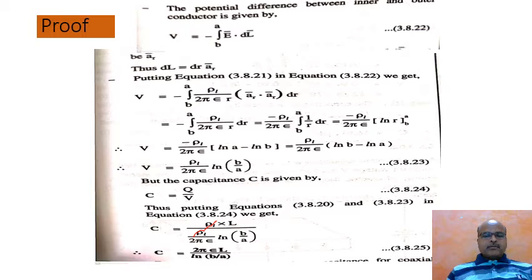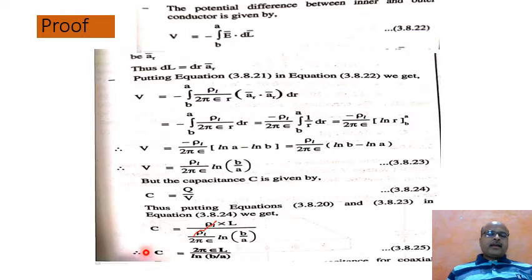Then 2 pi epsilon goes to the upper side, that is 2 pi epsilon L upon ln b by a. So this term remains. The capacitance for a cylindrical capacitor is given by this equation.